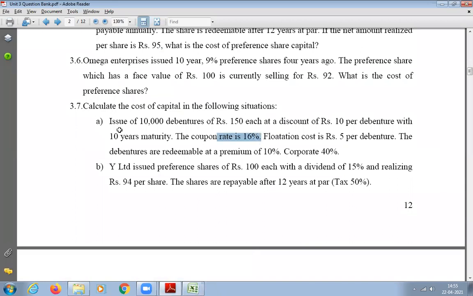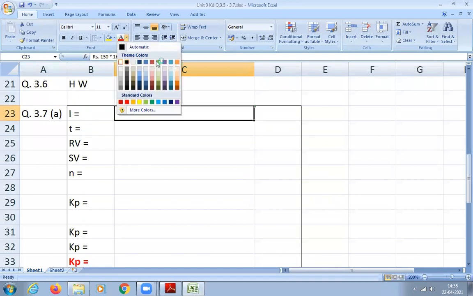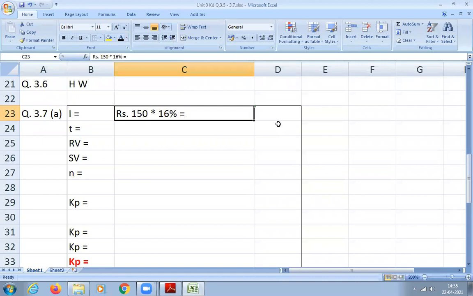So 150 into 16%, that is 24. Please calculate. Yeah, 24 is correct. All of you getting it, students? If you are getting a different answer, please let me know.